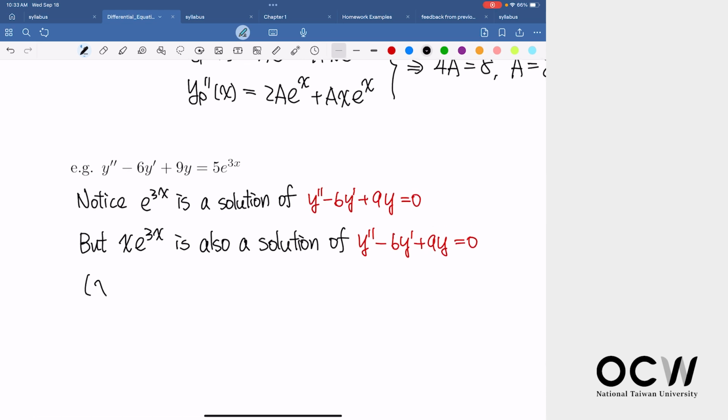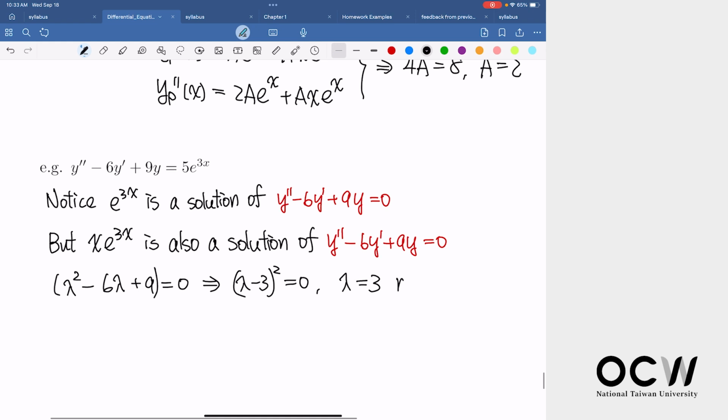Because of the characteristic equation, we get the repeated root. So lambda equals 3 is repeated. That's why e to the 3x is a solution. x times e to the 3x is also a solution.